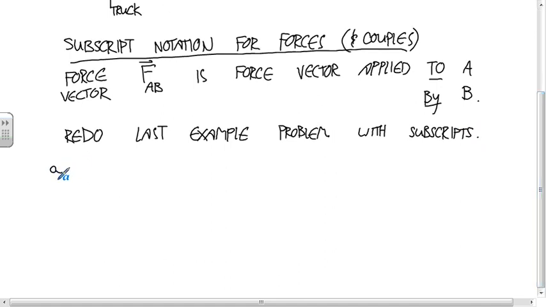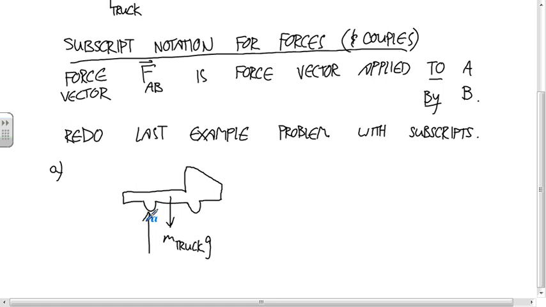Okay, so first we had the truck. There was the weight of the truck. There was a force acting up that I guess I call F ground.